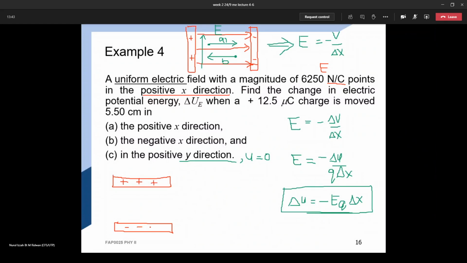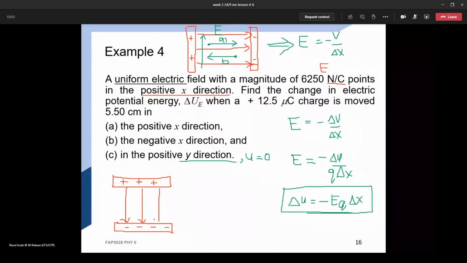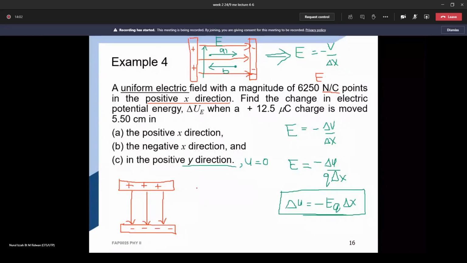So when you see this way of assembling the plates, the electric field is always coming out from positive and going into negative, so the electric field goes down. What are the differences between this and this? First of all, the equation becomes a little bit different.